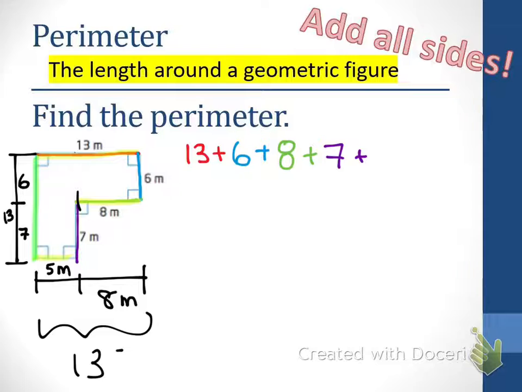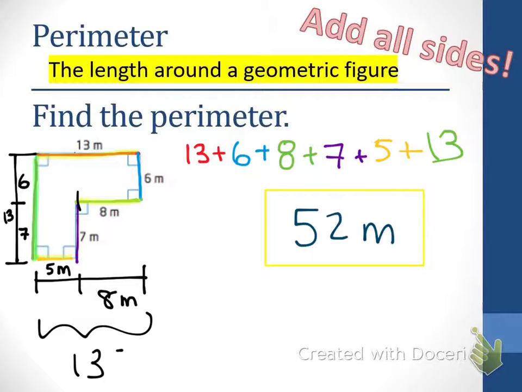So now we have 7 plus this 5 meters at the bottom, plus that 13 over here. So we just add now. I think it makes 52 meters. Still meters.